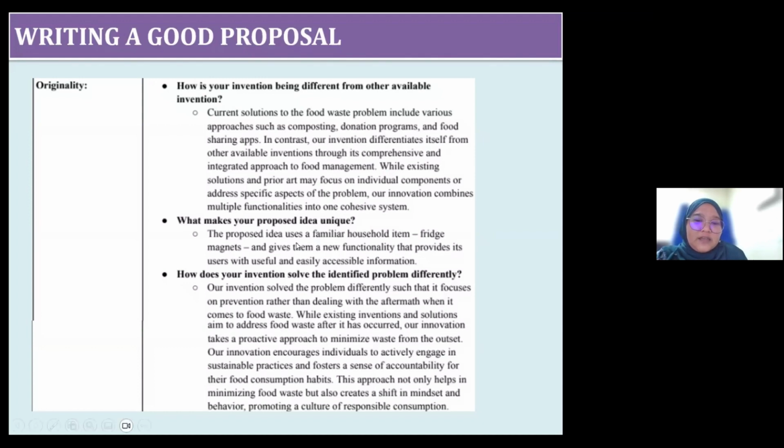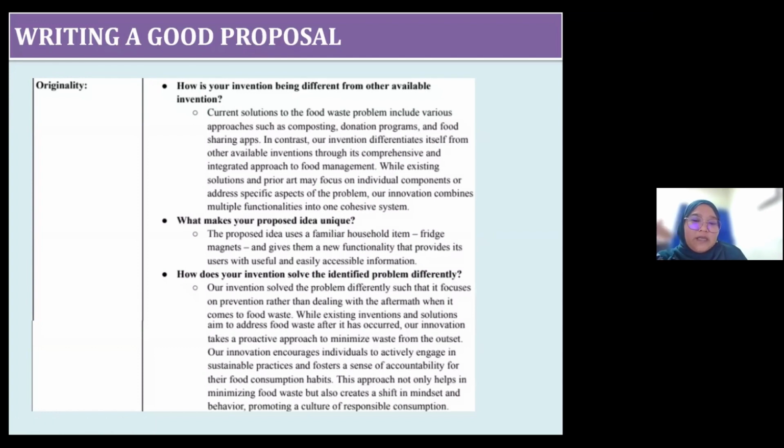The next question is, what makes your proposed idea unique? They spell out that their idea is unique because it can utilize familiar household items. Then, how does your invention solve the identified problem differently? They were saying it is much more focused on prevention rather than dealing with the aftermath when it comes to food waste.